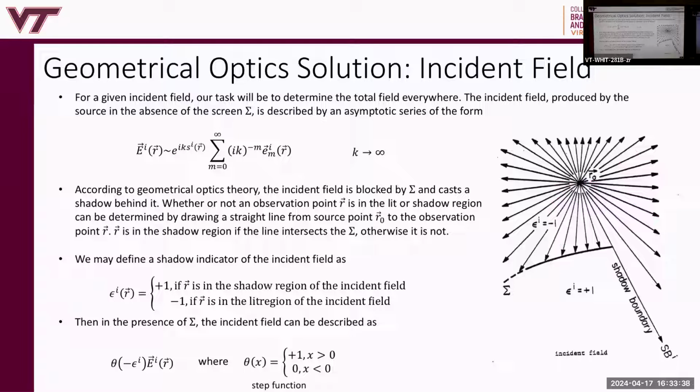Now, what we have here is a little different situation. We have the incident field in the presence of the screen. So the incident field now is not omnipresent, but we take care of these shadows, right? The shadow regions. It kind of makes sense, right? Okay. We'll leave it at that, yeah? All right.